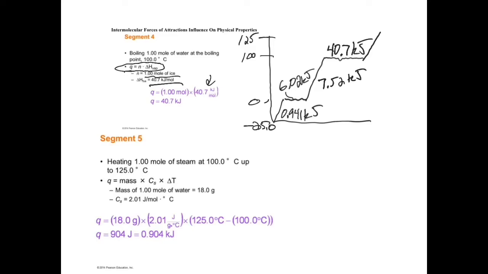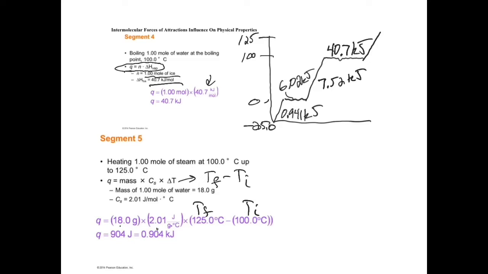So we got our last segment, which is a change again. Again, delta T is the final minus the initial temperature. So our final temperature here, our initial temperature is here. Here's our specific heat capacity for water gas, 2.01, and then 18.